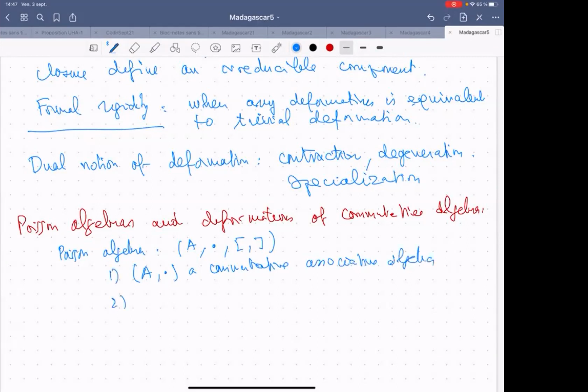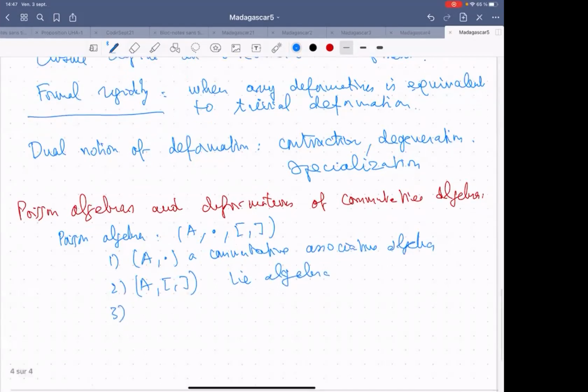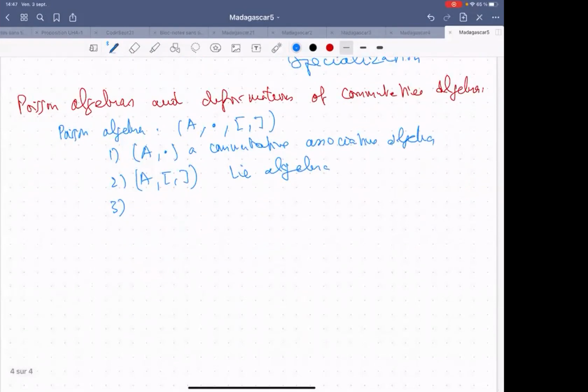This is the first condition. The second condition: if I take A with the bracket, then this is a Lie algebra. And the third condition is the compatibility between these two structures. It is given by the following Leibniz rule, and it shows that the adjoint is a derivation. And we can write it in this way.